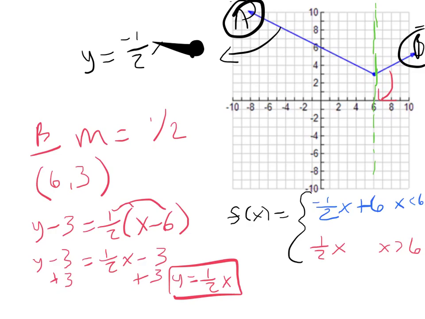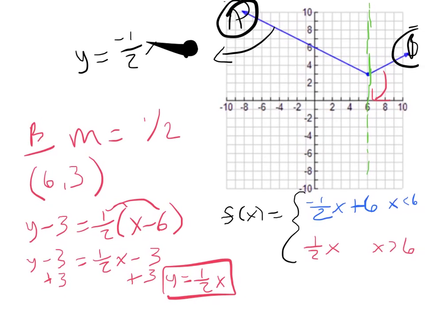So we're just going to randomly choose where to place that equal to sign. Blue is my favorite color, so I'm going to put it right underneath this rule right here. And so now we've got a function that is defined for its entire domain, and it is appropriately labeled because 6 is going only to this top rule.